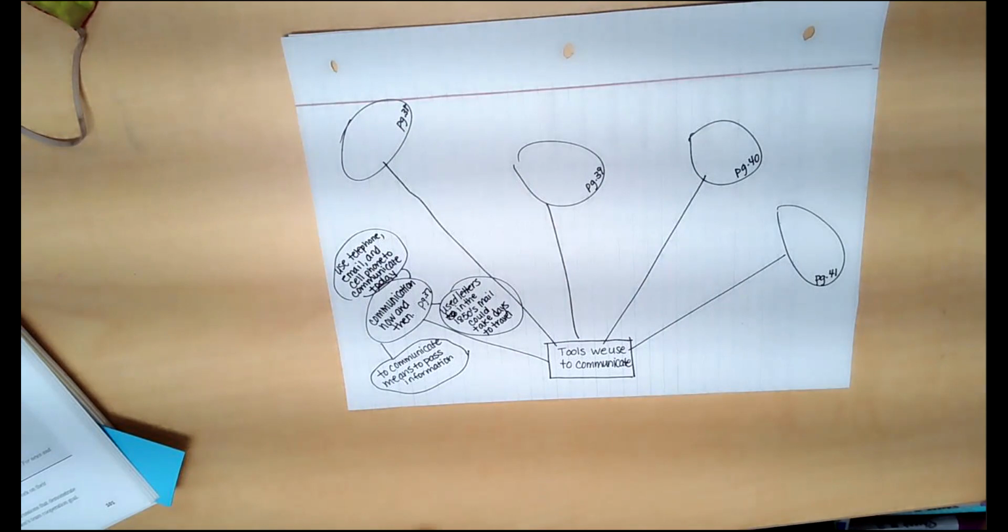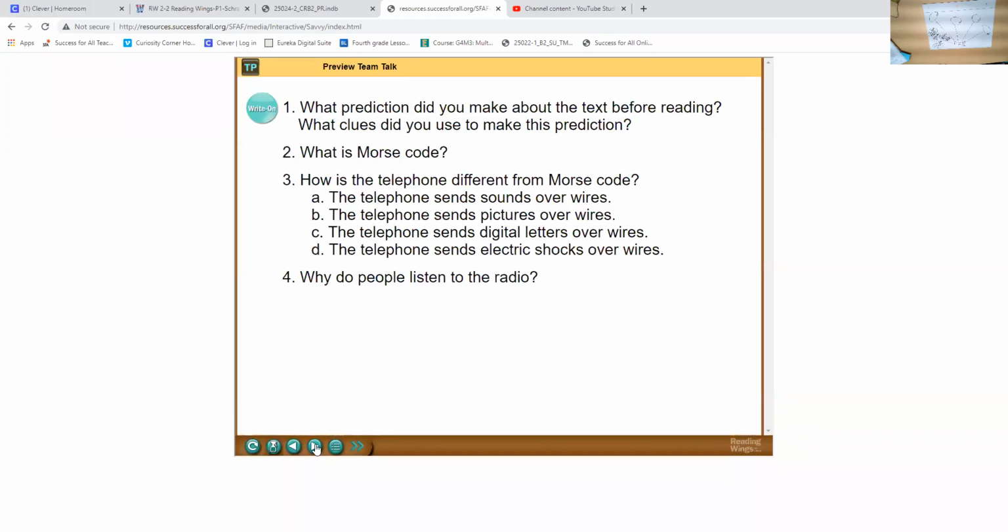Okay, so let's look at our questions that we're going to have today. The first one says, what prediction did you make about the text before reading, and what clues did you use to make this prediction? So that's when you're going to be starting on page 38 for this prediction.